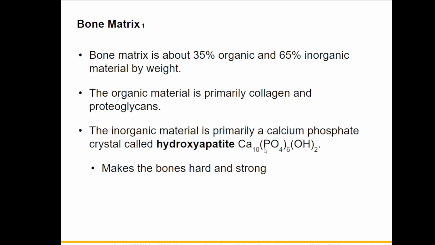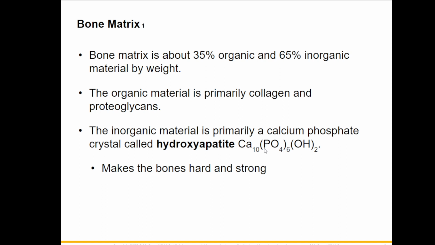Now, the bone matrix is made up of 35% organic and 65% inorganic material. The organic material is usually composed of collagen and proteoglycans. But the inorganic and the more abundant component of the matrix is made up of your hydroxyapatite. So hydroxyapatite is a calcium phosphate crystal.